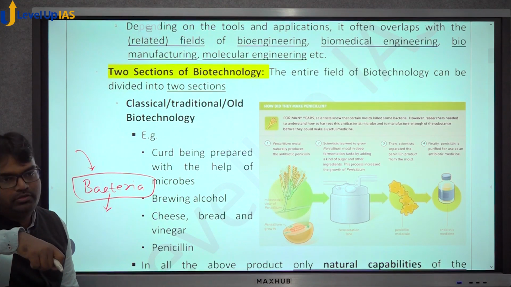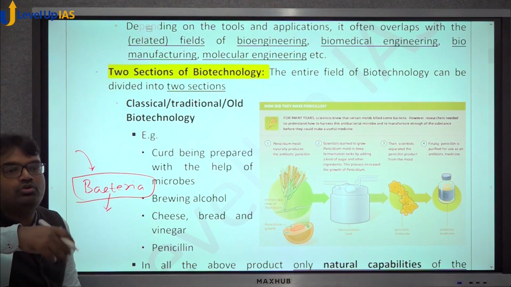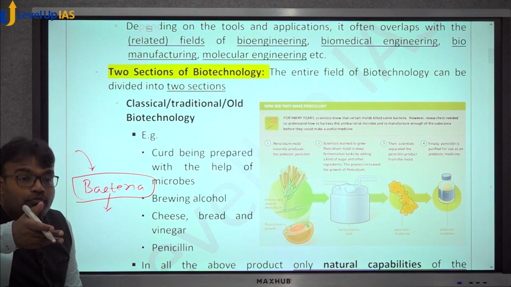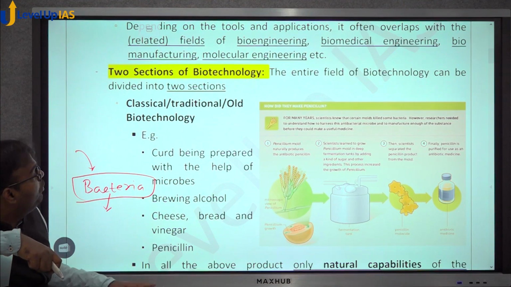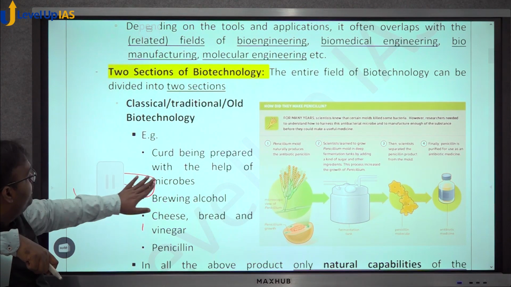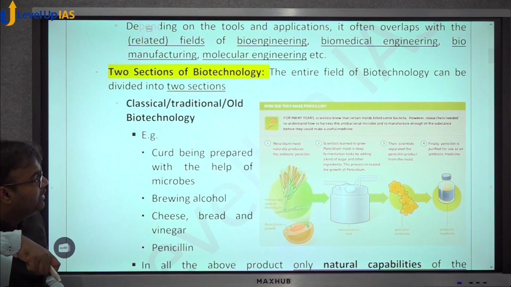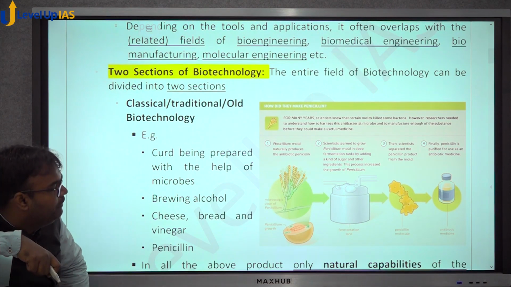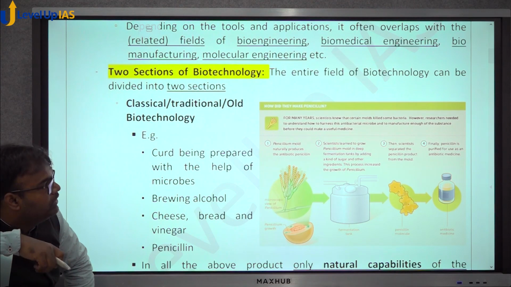Making of alcohol. Yeast is used to ferment alcohol, right? There also living organisms are used. That is an example of classical biotechnology. Or making of, let's say, penicillin. How is penicillin made? There is this penicillium, a living organism, a mold. Scientists know that it produces penicillin.